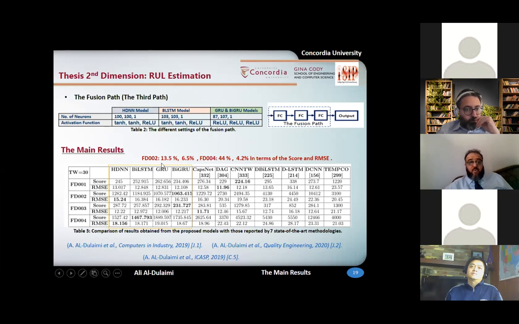The achievement was between 13.5 up to 44 in terms of the score function, and around 6.5 in FD002, and around 4.2 in terms of the RMSE. However, the other models that are competitive to us were all proposed after the publication of the first parallel model, which is the HDNM.